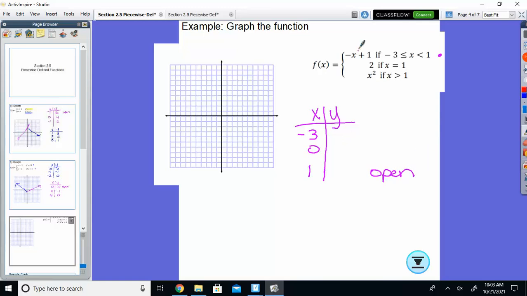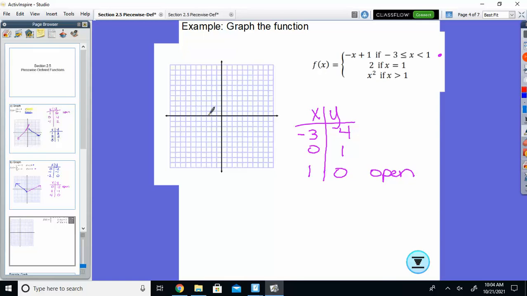Alright, so if we put in -3, opposite of -3 is 3, plus 1 is 4. If we put in a 0, opposite of 0 is 0, plus 1 is 1. If we put in a 1, opposite of 1 is -1, plus 1 is 0.